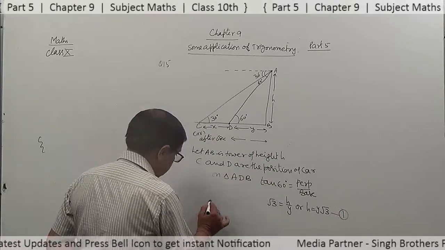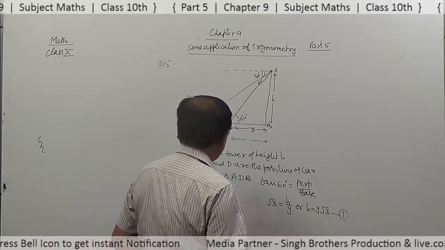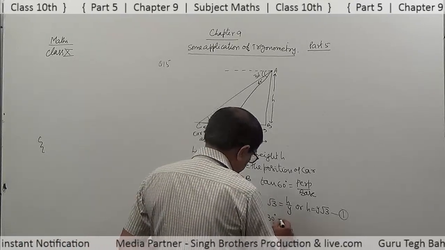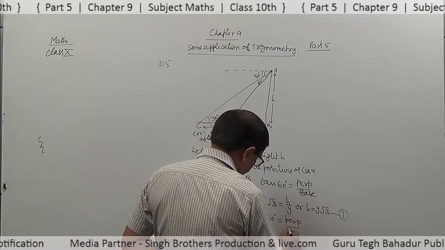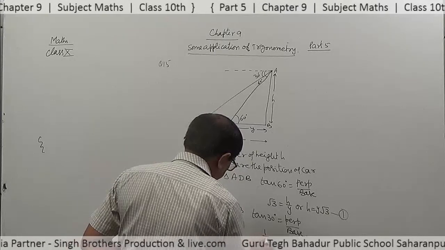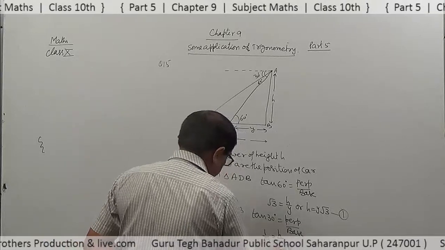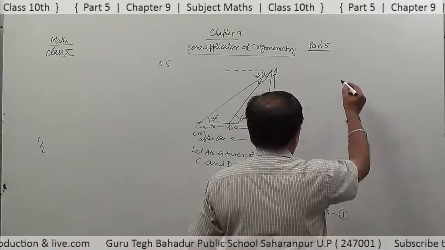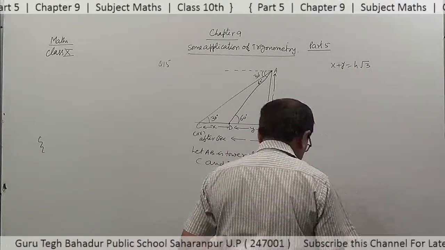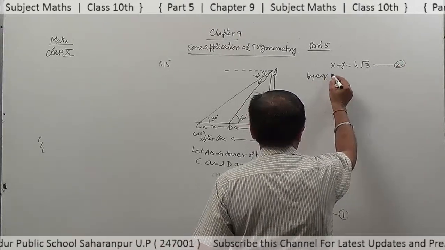This is the first equation. Now in triangle ACB, tan 30 degrees is equal to perpendicular upon base. tan 30 is 1 upon root 3, perpendicular is h, base is x plus y. Cross multiply, x plus y is equal to h root 3. This is the second equation.